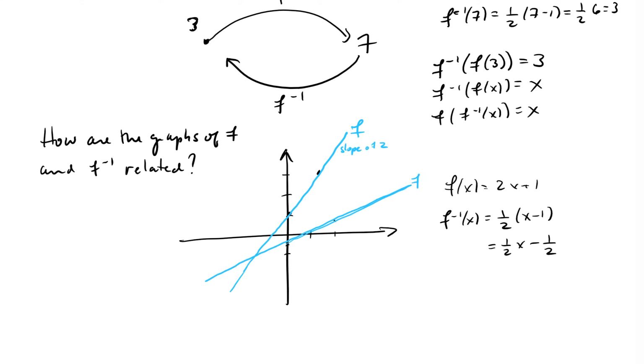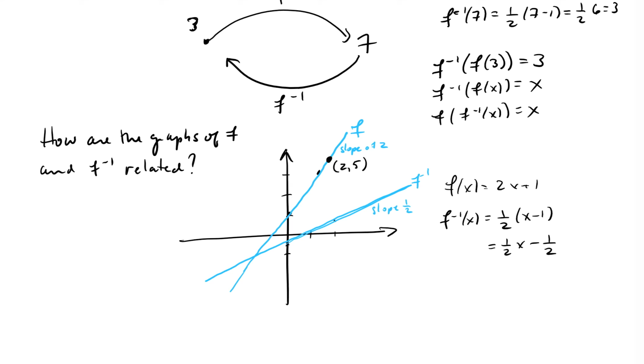Okay, so this is f inverse right here with a slope of 1/2. Okay, if I take a point, for example, the value at 2. So at 2, the function value is 5.